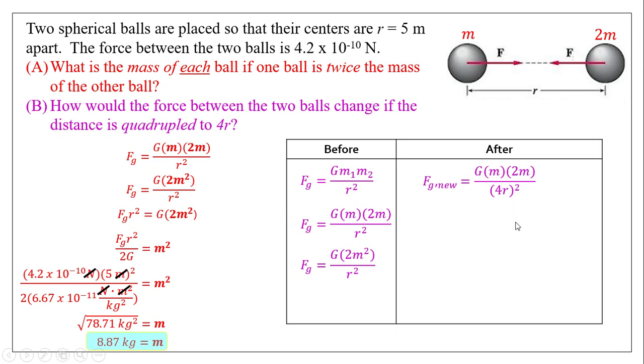Here, because the 4r is in parentheses, each of those terms is going to get the exponent. So you need to distribute the exponent 2 to the 4, but you also need to distribute the exponent to the r. So in that case, the numerator stays the same. It will be G 2m squared. Once again, m times 2m is 2m squared. 4 squared is 16, and then r squared is r squared in the denominator.